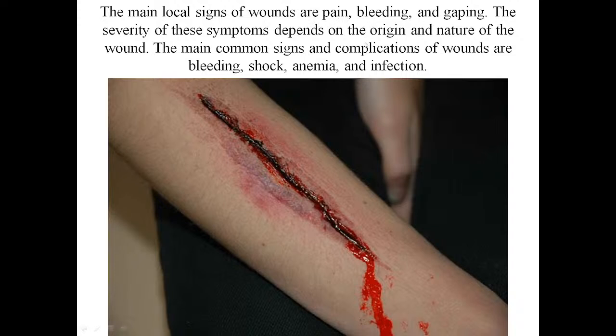And then, depending on the wound process, complications of the wounds can occur. Bleeding, shock, when the patient has a very large blood loss. This patient has shock, anemia, and after 5 days there can be infection inside the wounds. These are the main symptoms of the wounds.